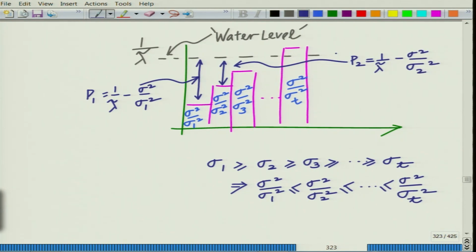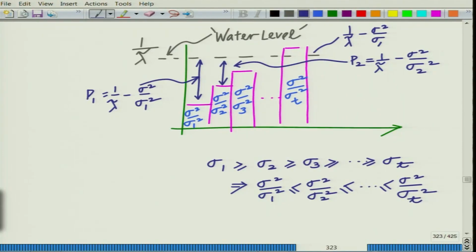And now you can see, if sigma square over sigma t square is greater than the water level 1 over lambda tilde, then the power allocated is 0, because 1 over lambda tilde minus sigma square over sigma t square is negative. In this case, P_t equals 0, implying no transmit power.